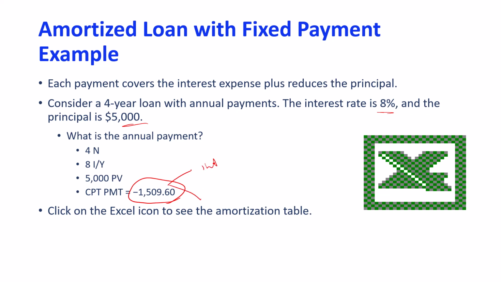Part of that is the interest on the loan, and part of that goes towards principal. Meaning that as your loan ages and as you make payments, you're also paying off the principal. So with the last payment, you owe $0 to the bank. So let's look at an example here.